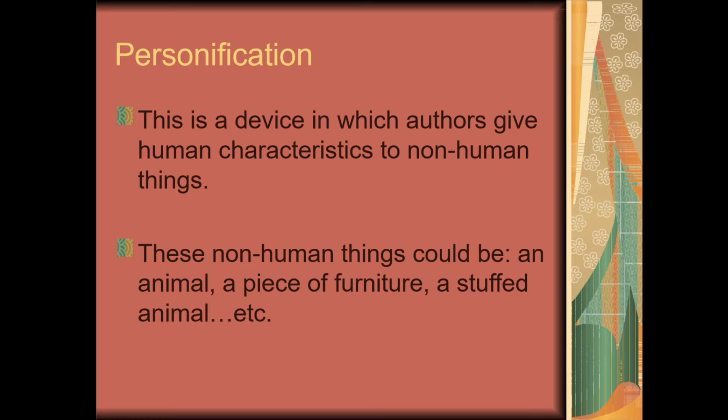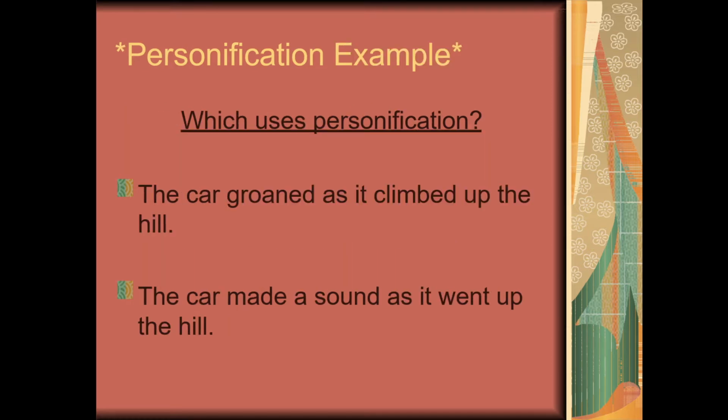So what are the examples of personification that we have? The car groaned as it climbed up the hill. In that sentence, a car cannot groan, like a human can groan. The second one: the car made a sound as it went up the hill.